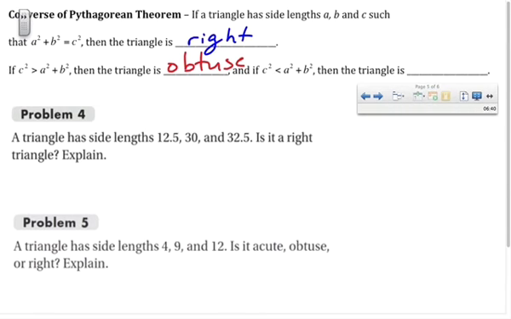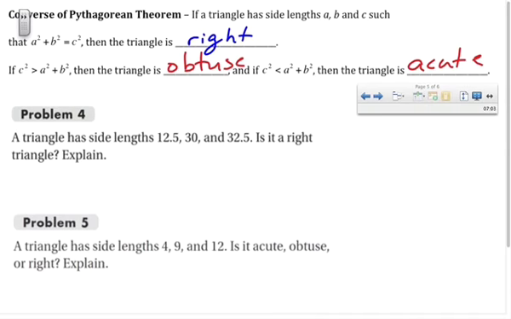And that less than sign may lead you astray to thinking that that's an acute triangle. So again, I really want to stress to you, put the c squared on the left so that the answer looks the way it should look. Okay? And then finally, if c squared is less than a squared plus b squared, the triangle is acute.